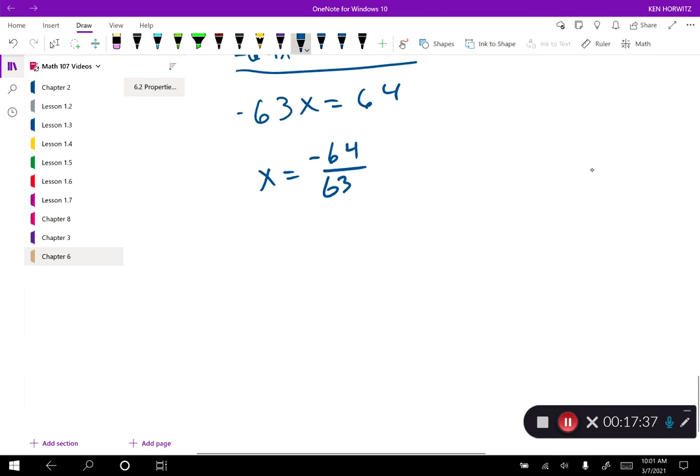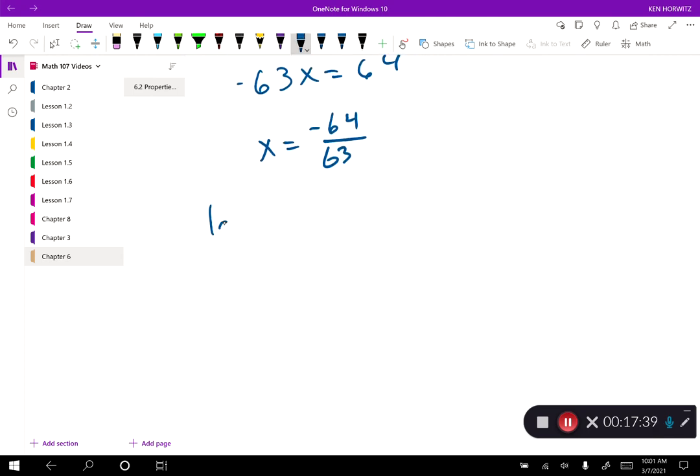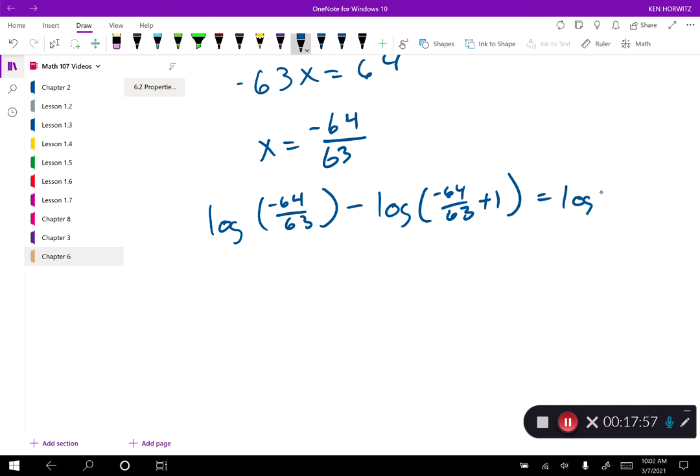All right, so I have the log of negative 64 over 63 minus the log of negative 64 over 63 plus 1 equals the log of 64, which is 4 to the third power. However, I have a problem, all right?